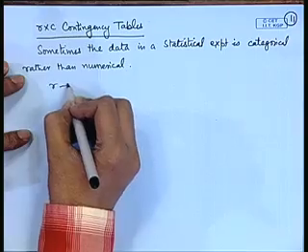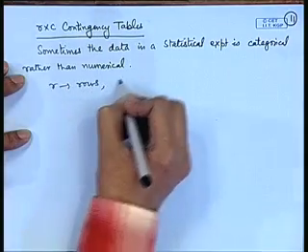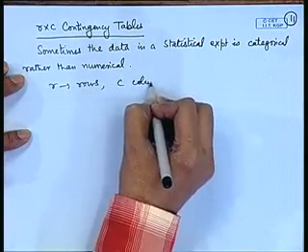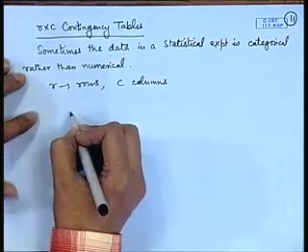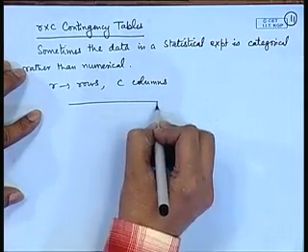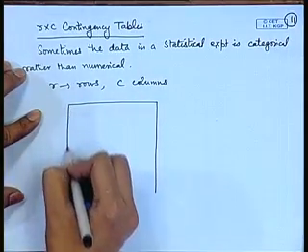So, what is a contingency table? That we have two types of categorizations. One is, say, we will represent in the form of rows and another type in the category in the columns. So, we say R rows and C columns. So, the data may be represented like this.